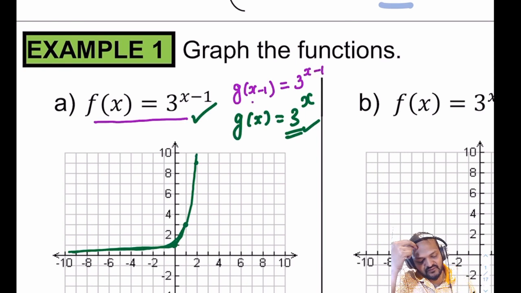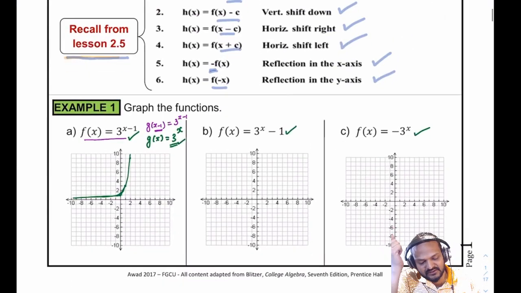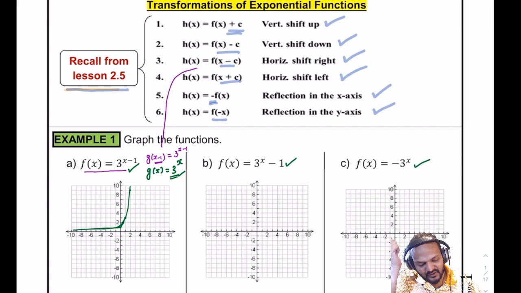So this function looks like 1 is being subtracted inside the function, in other words with the independent variable, which is a horizontal shift to the right.